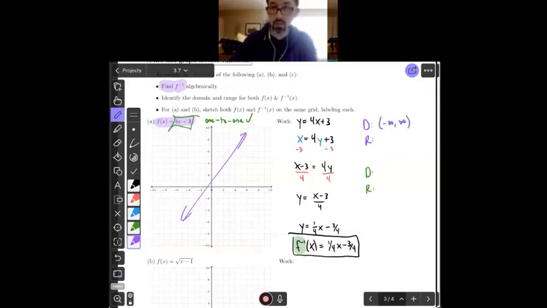Okay, what about its range? Would it be negative infinity and positive infinity? Mm-hmm. Lines are pretty easy. They go left and right forever. They go up and down forever.